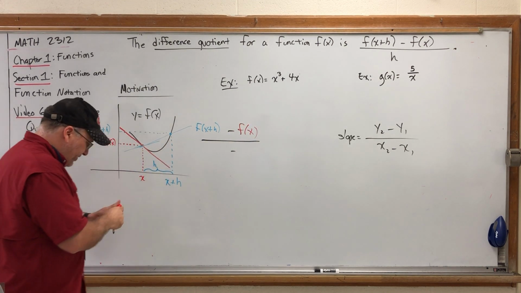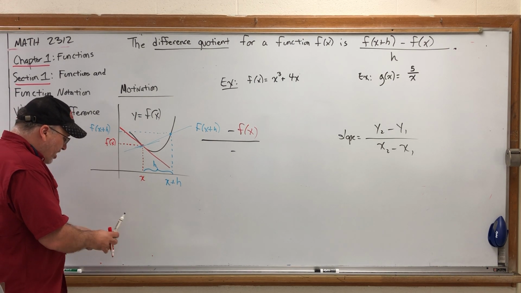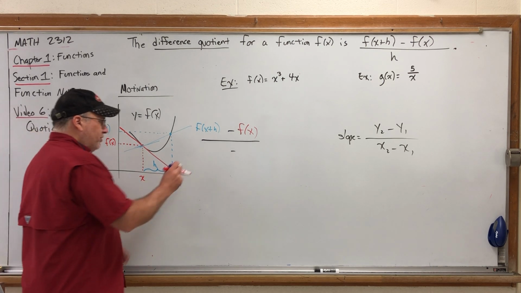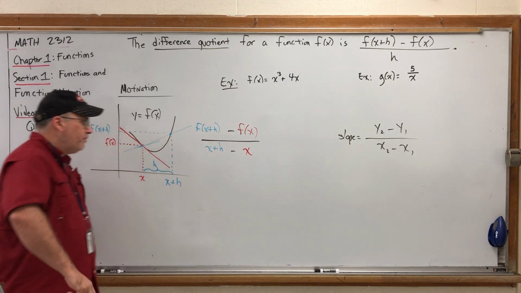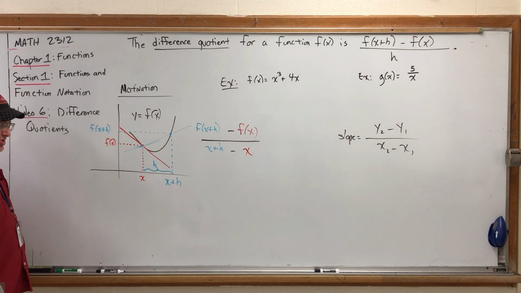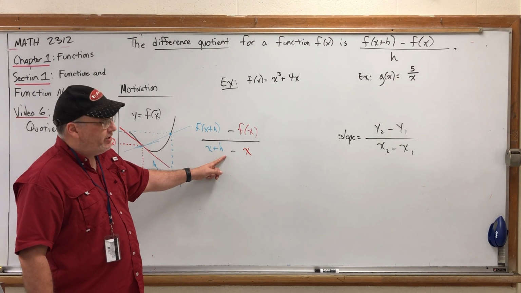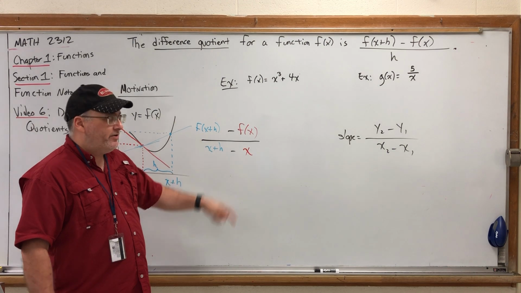And if we set up the second x minus the first x, in this case the blue x minus the red x, the blue x is x plus h, the red x is x, and nothing really happens except in the denominator the x's cancel, leaving just the h in the denominator. And on the top we have the difference in these two y values.